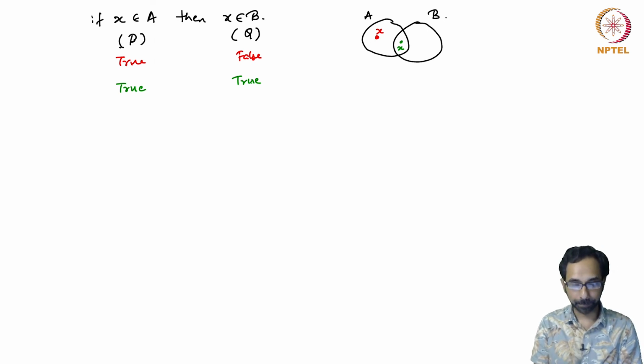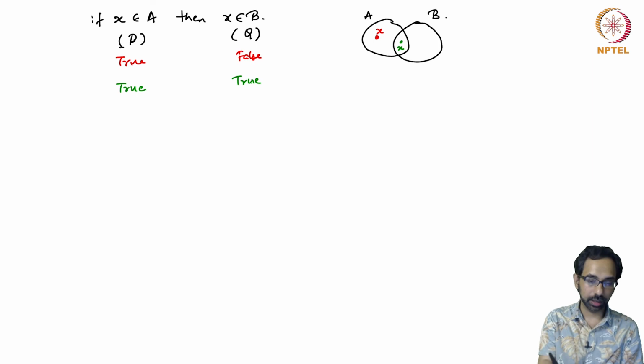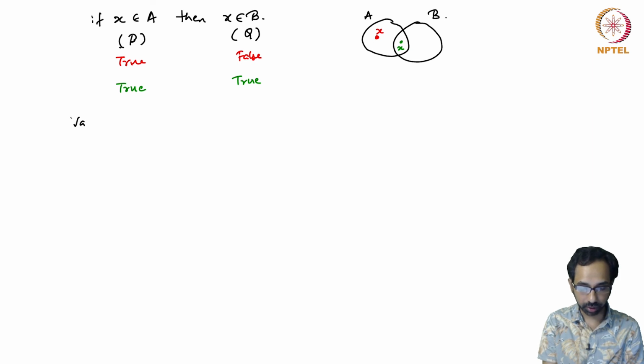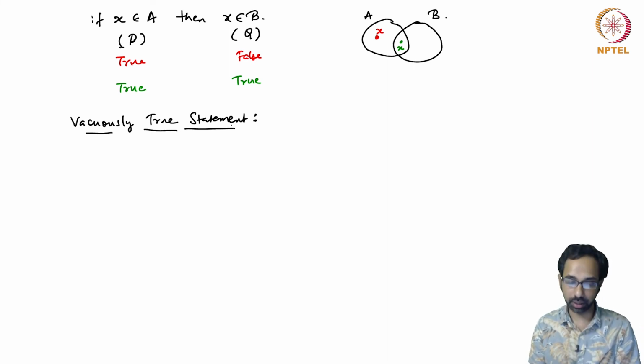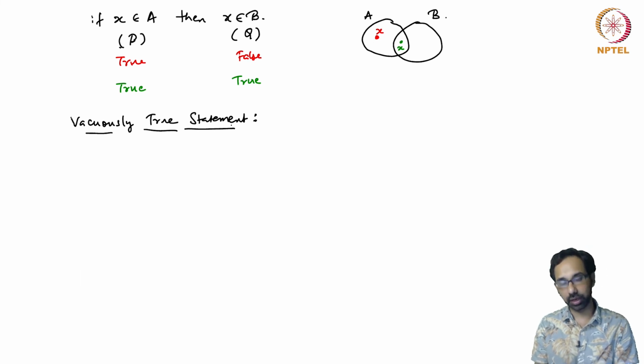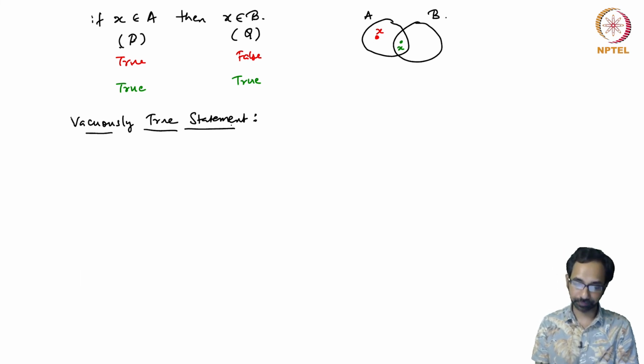Now there is also another kind of if-then statement, which is called a vacuously true statement, and this is also a logical structure or a statement of logic which is used very often in mathematics.